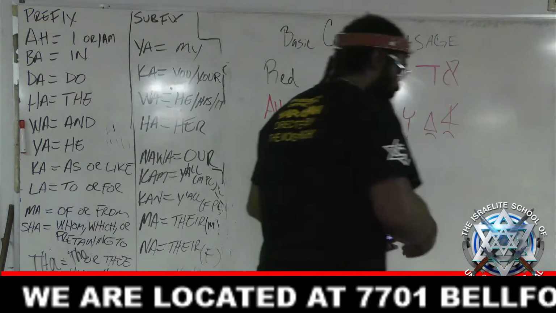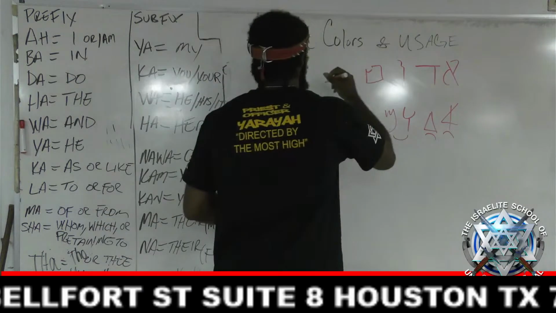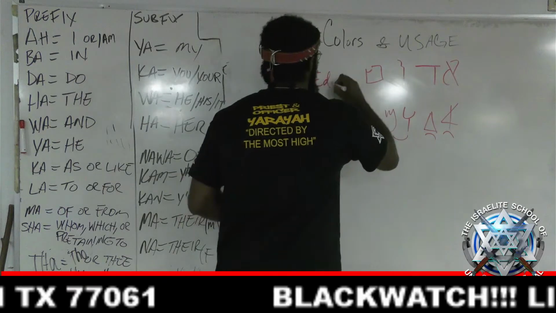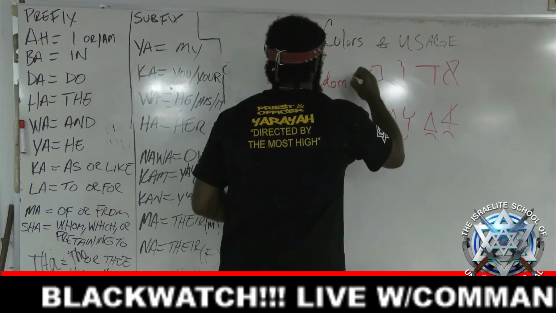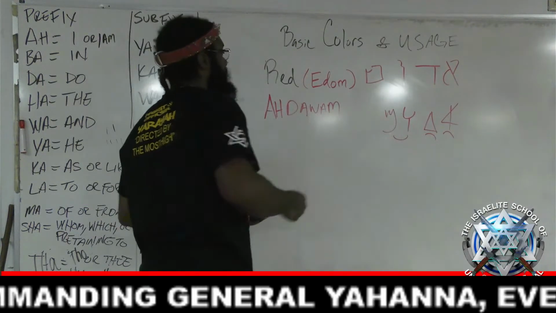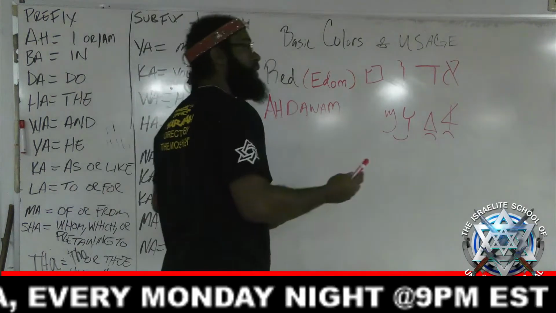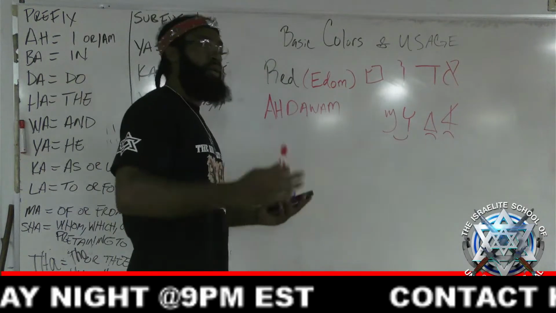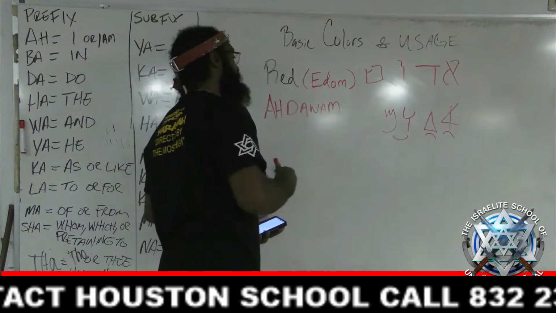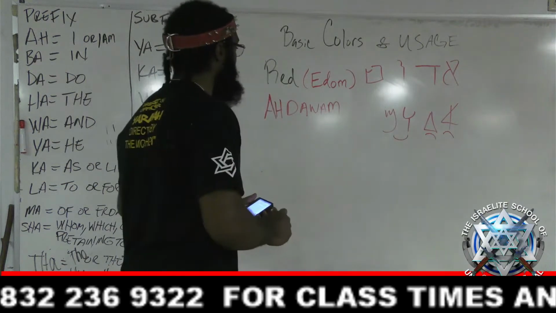You always say Adawam. Adawam is also Edom as well. So red is Edom, or Edom means red. And that's the so-called kingdom of Esau's, and they called him Esau because he was red, or Adawam, and that's what Adawam means, right?